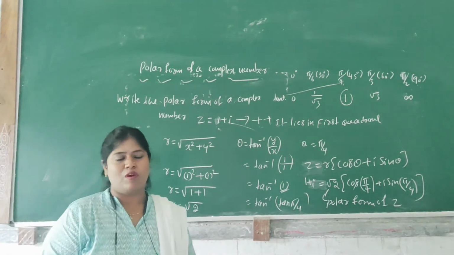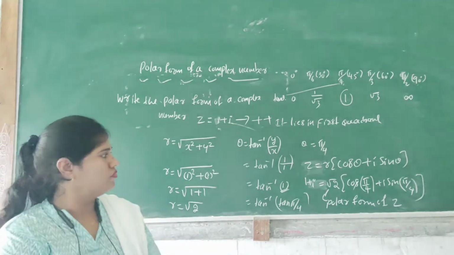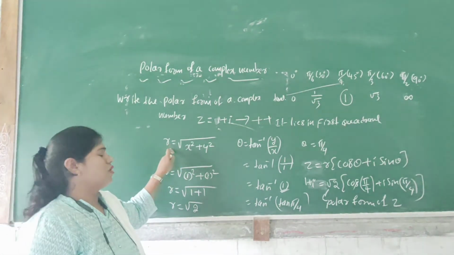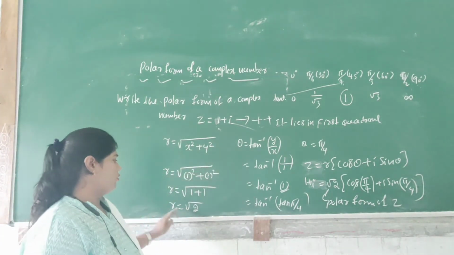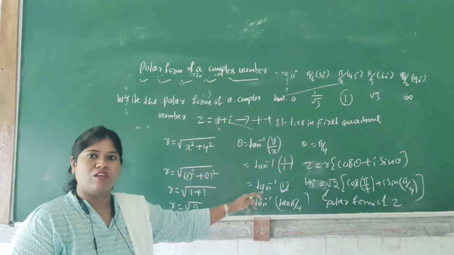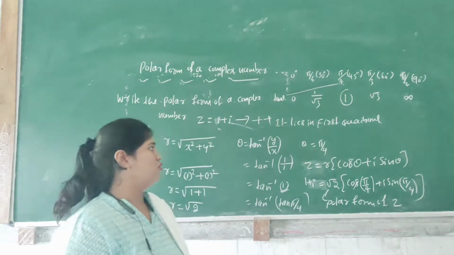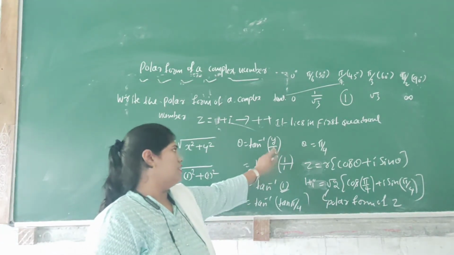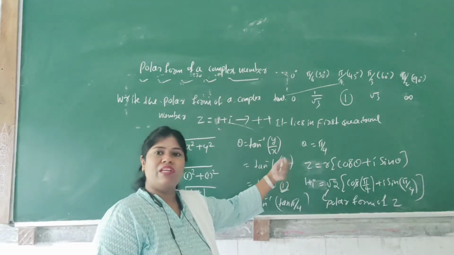You understood this problem? This is very easy also. First we have to write the r value, square root of x square plus y square, which is equal to root 2, because the x value is 1 and the y value is also 1. To find the amplitude, theta is equal to tan inverse of y by x, where y is 1 and x is 1, so 1 by 1 is 1.